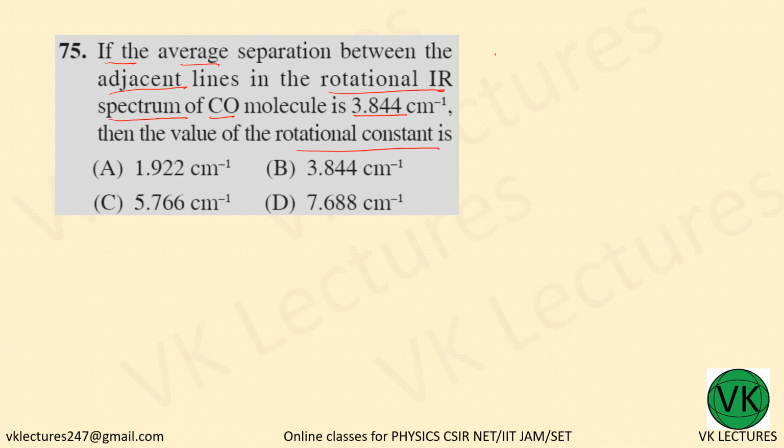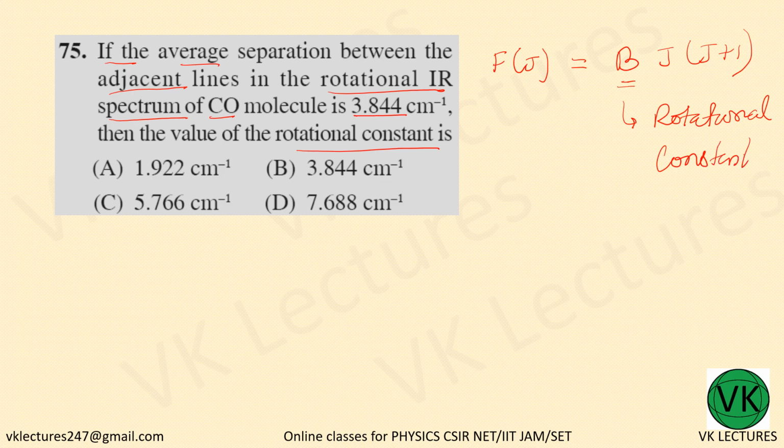Now the separation F of J, that means F is a function of J, is written as B into J plus 1, where B is called rotational constant. Now this F of J value is given as 3.844.